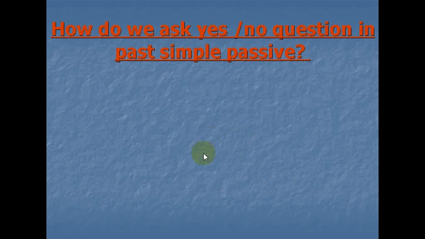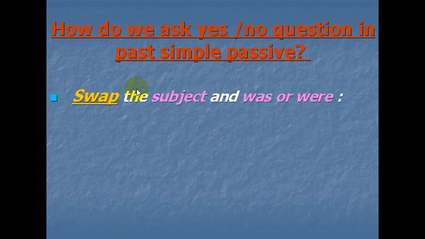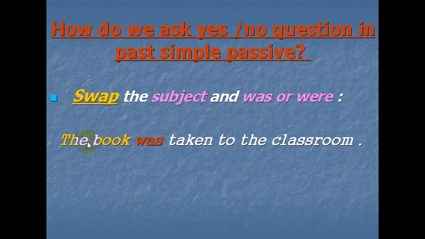How do we ask a yes/no question in past simple passive? Swap the subject and was or were. Okay, let us go to the example. The book was taken to the classroom. I want to make a yes/no question. What should I do?